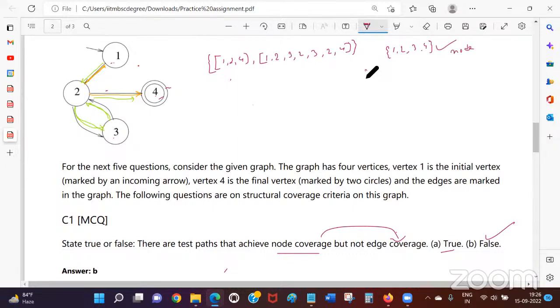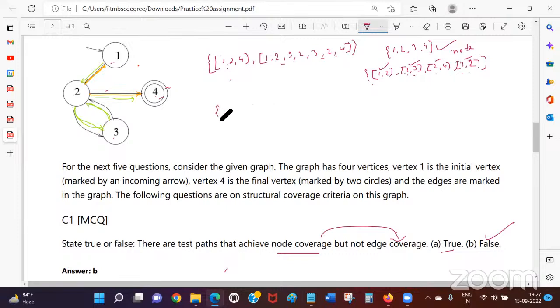For edge coverage, we should cover 1, 2, 2, 3, 2, 4, and 3, 2. 1, 2 is covered here, 2, 3 is covered here, 2, 4 is covered here, and 3, 2 is also covered here. So edge coverage is done.